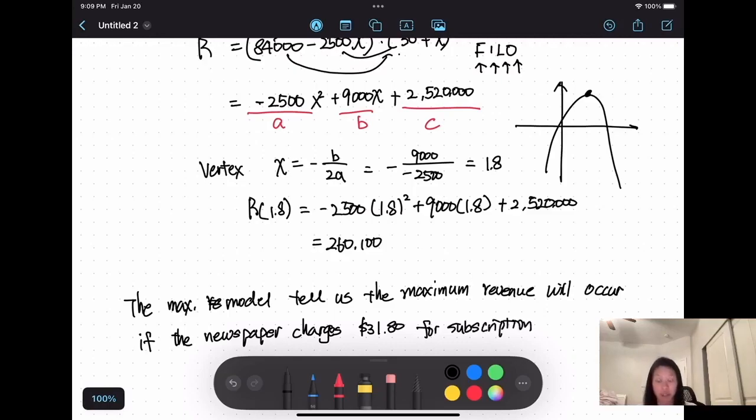And the maximum revenue is going to be $260,100.